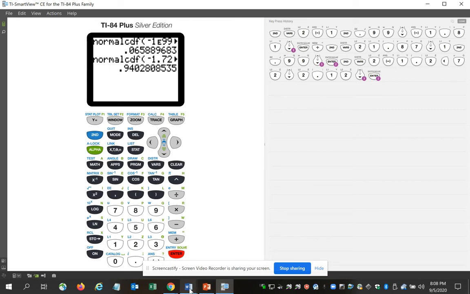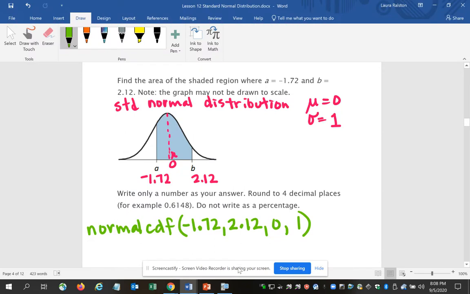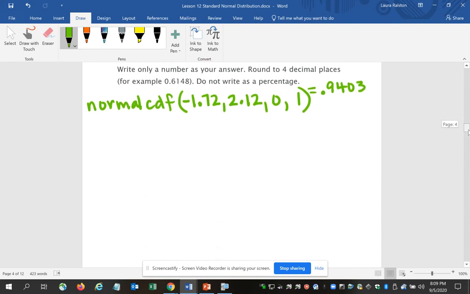Again, when you round, you're going to get 0.9403. And again, that corresponds to the area of the shaded region, but it also corresponds to the probability that you would have a z-score between negative 1.72 and 2.12.